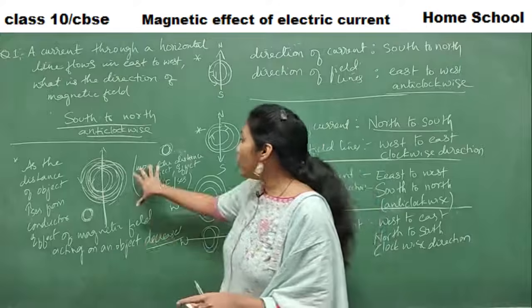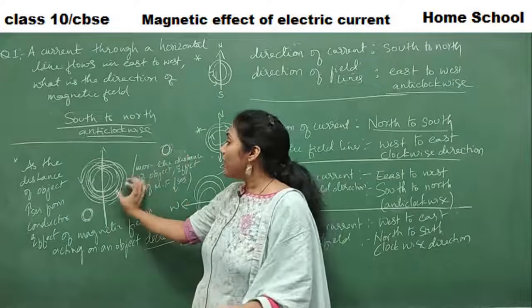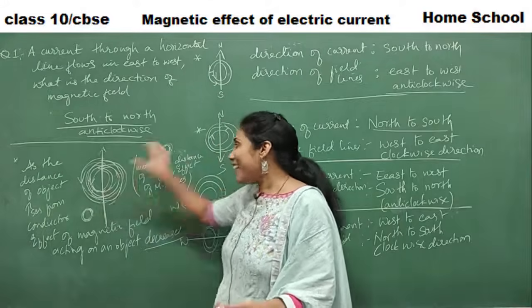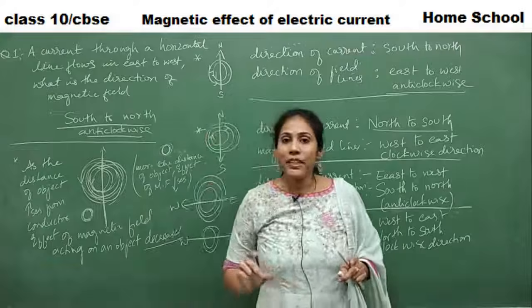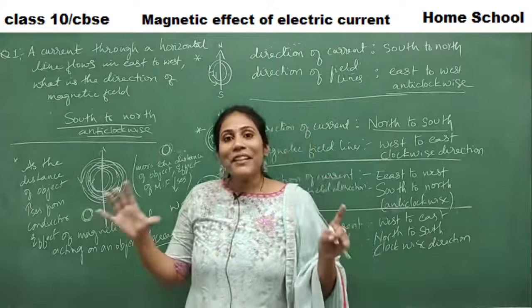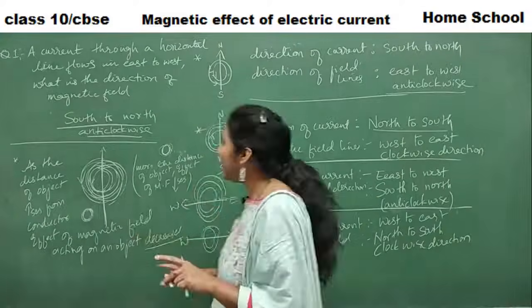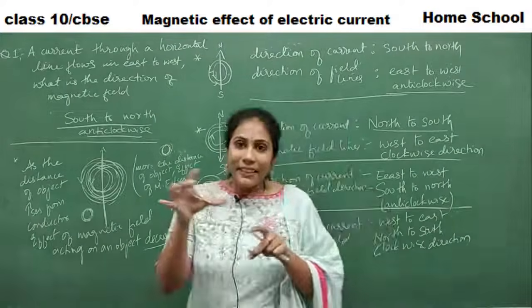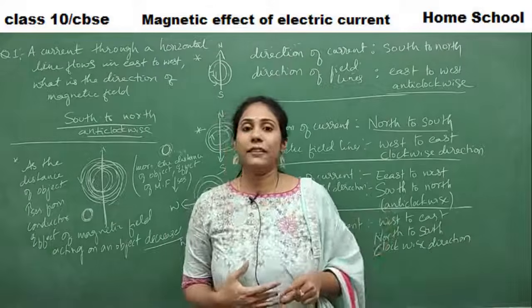That means, more the distance of the object placed, lesser is the magnetic effect experienced by that object. So these are the points to keep regarding this subtopic, magnetic effect due to current flowing in a straight conductor.